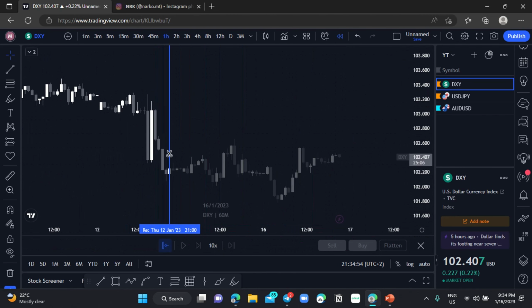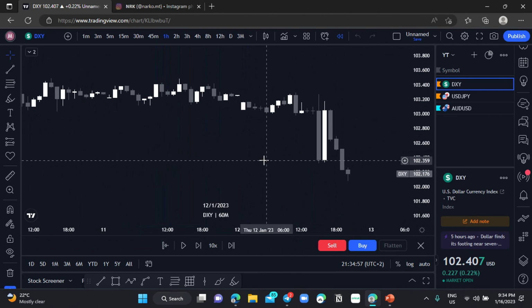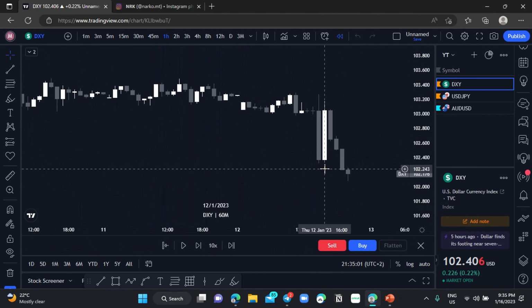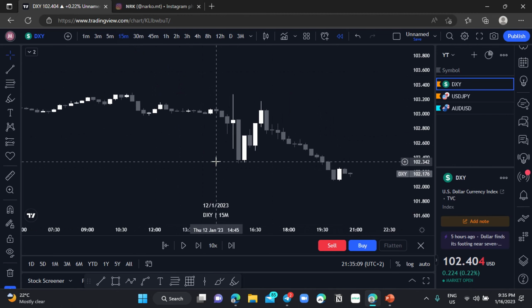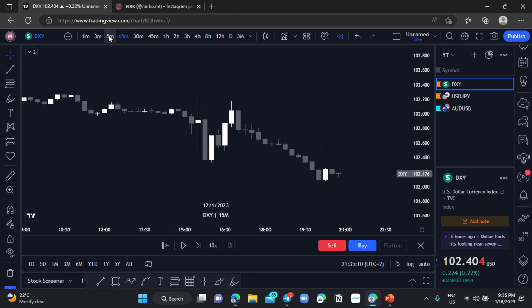As you can see here, this is the CPI data. This was the CPI data on Thursday. So what happened here is, let's just move on to the 5-minute chart.